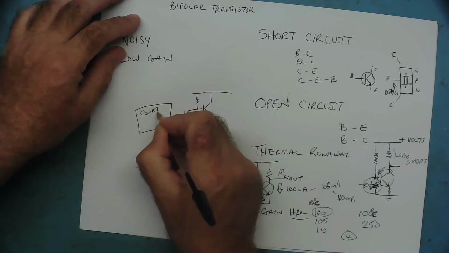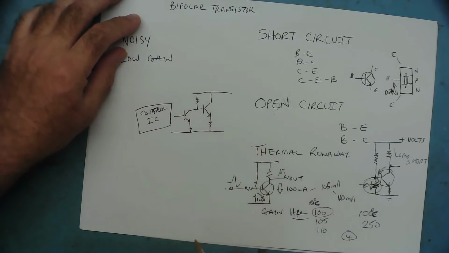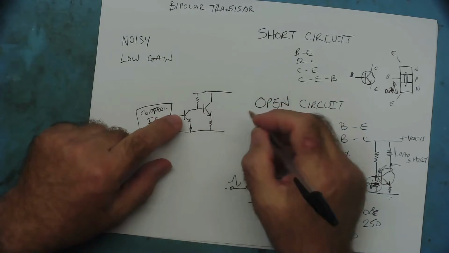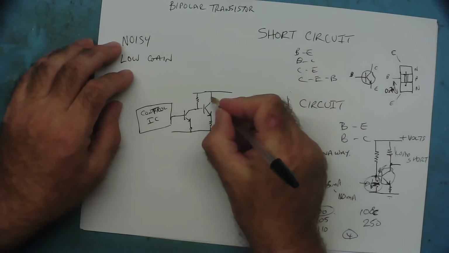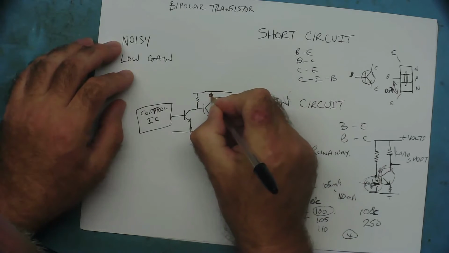Control IC. And this control IC effectively is switching the circuit on or off, or whatever it's doing with the circuit. Out. Needs a resistor now, doesn't it? Because I've put an out.